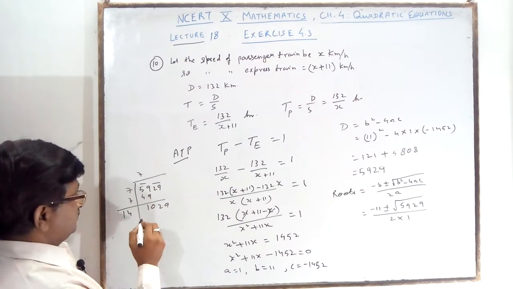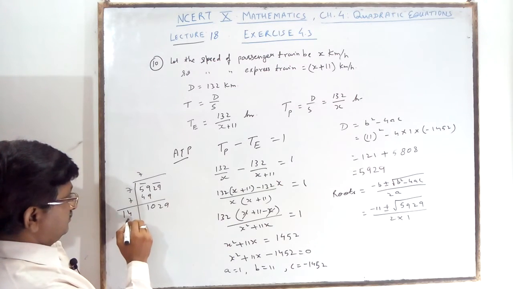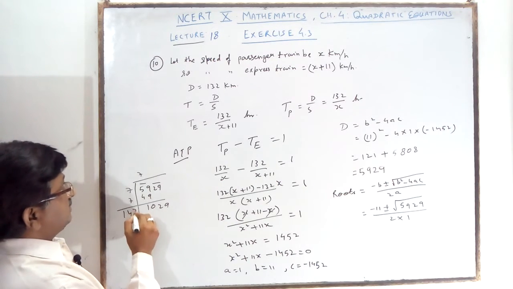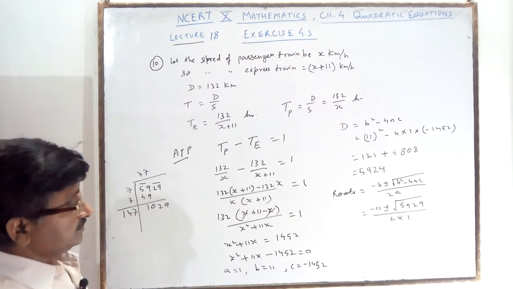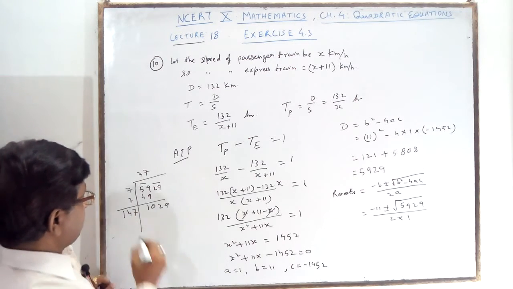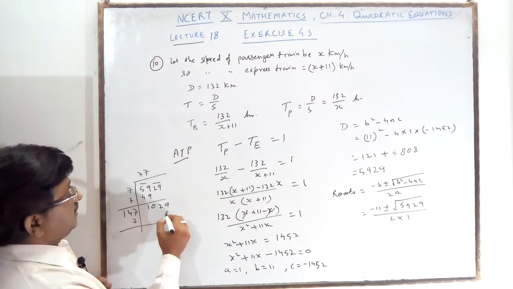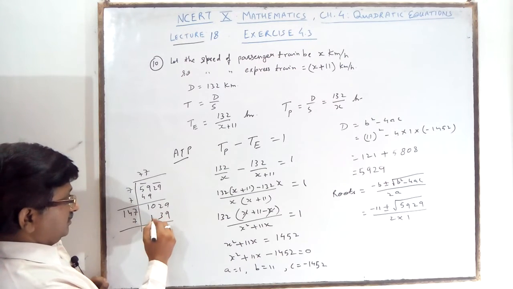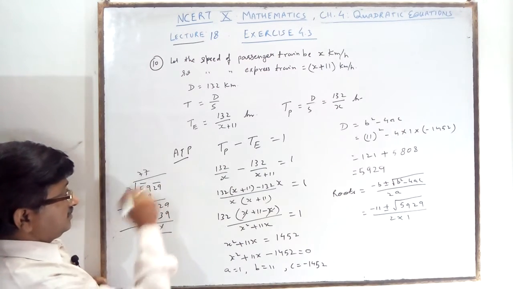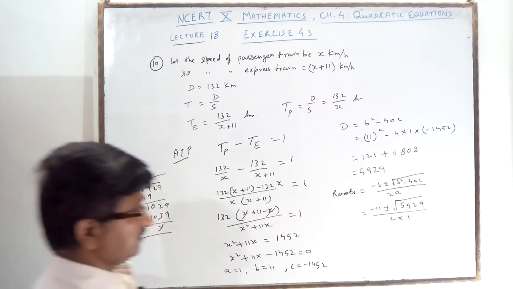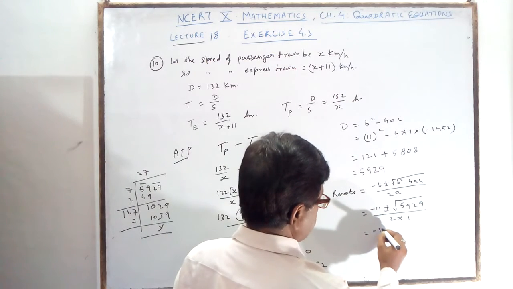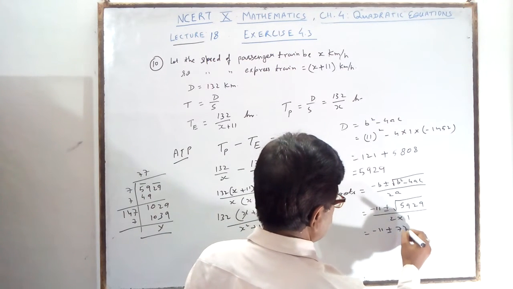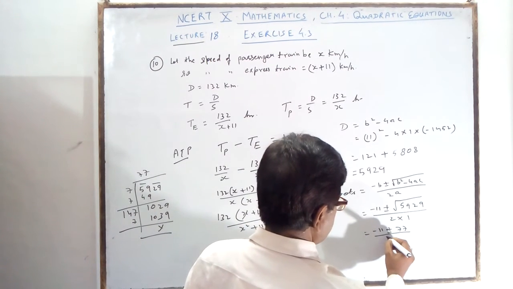Then divide by 7, 77. You will get again by 7, 7 times 7 is 49, 4 times 7 is 28 plus 4, 32. So 77 is the square root, as we know from 8th standard. So you are getting minus 11 plus minus 77 upon 2.